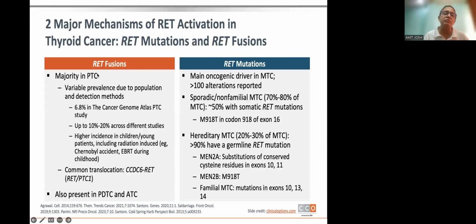RET fusion is mainly seen in differentiated thyroid cancer, whereas RET mutation is seen in medullary thyroid cancer. So whenever we send tissue in medullary thyroid cancer, we ask for a mutation, and when we send tissue in differentiated thyroid cancer, we ask for the RET fusion. And I told you that sporadic cases may have a 50% chance, and in hereditary cases the chance of RET mutation increases to close to 90%.